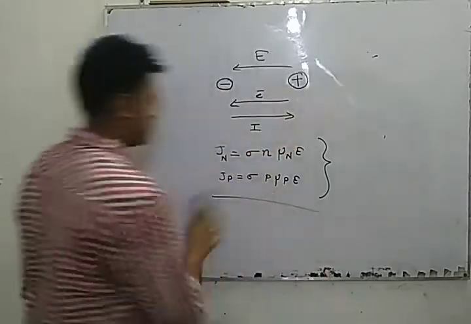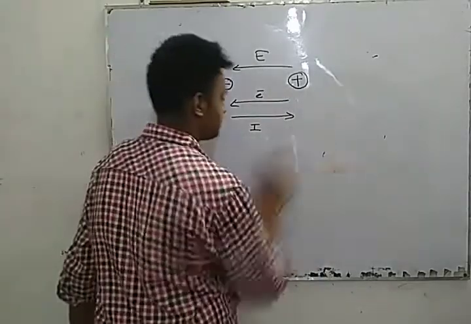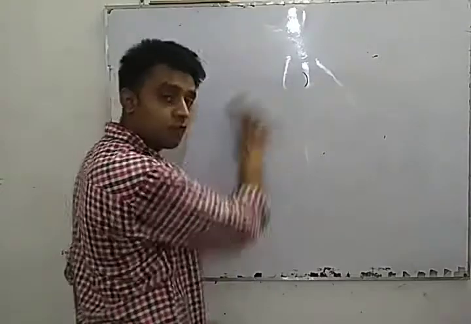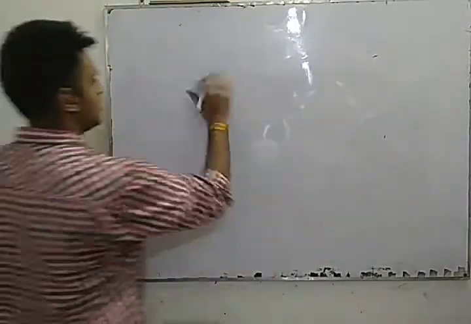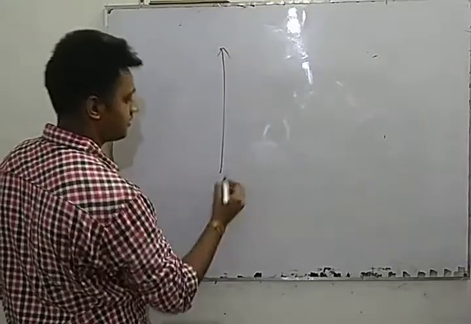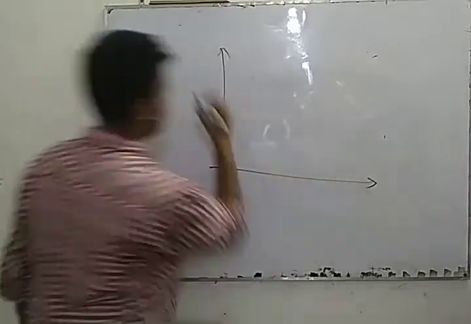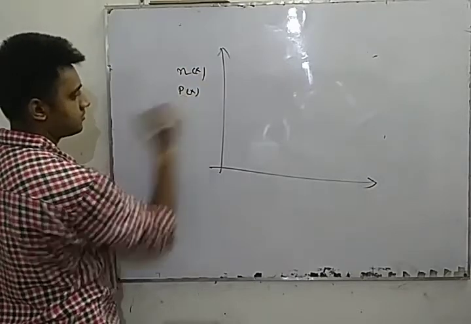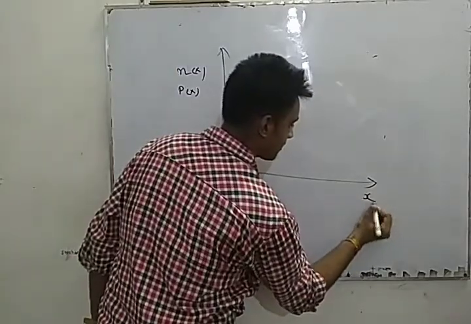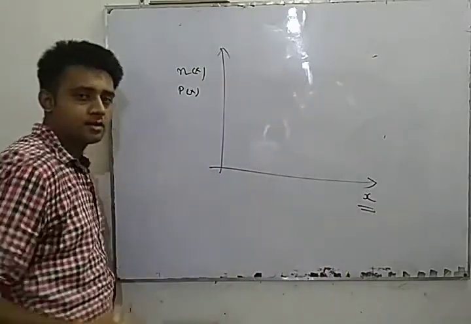Now, the second mechanism which is responsible for the flow of current in the semiconductor, that is the concentration gradient. And this mechanism is known as the current due to diffusion.